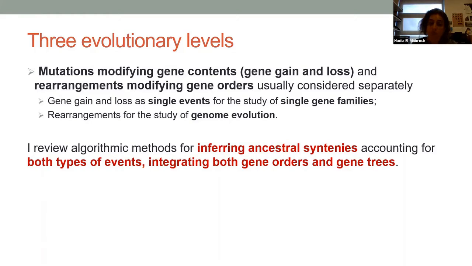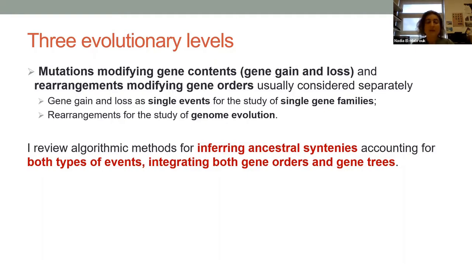So we have considered all this: gene order and gene trees. The problem is that syntenies evolve through different events, but the rearrangement events are considered in the rearrangement field, while gain and loss events are inferred from the reconciliation field, accounting for gene trees.